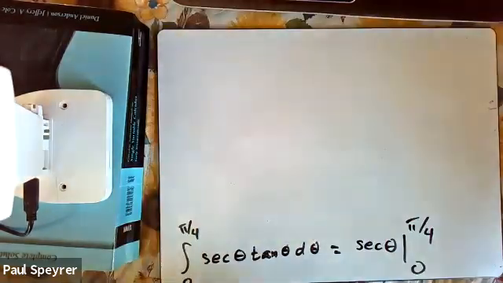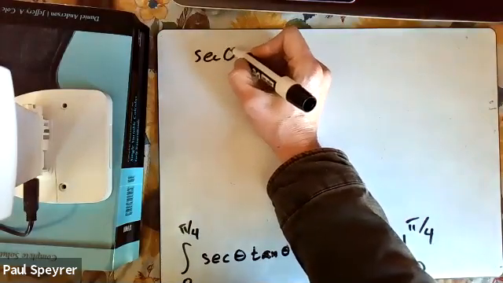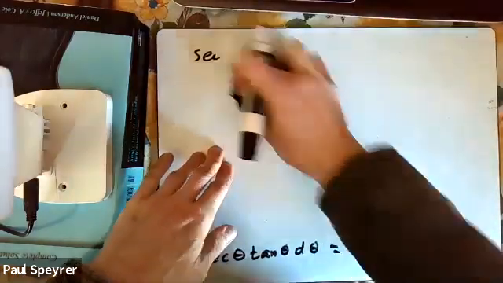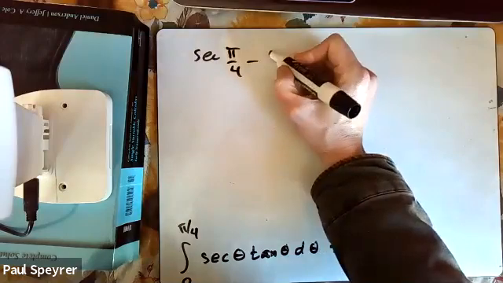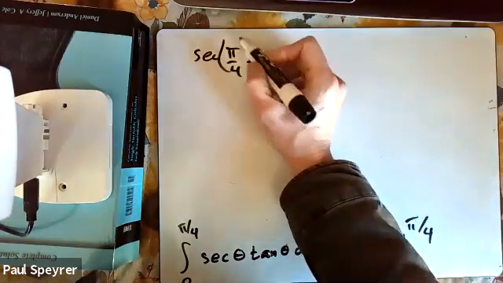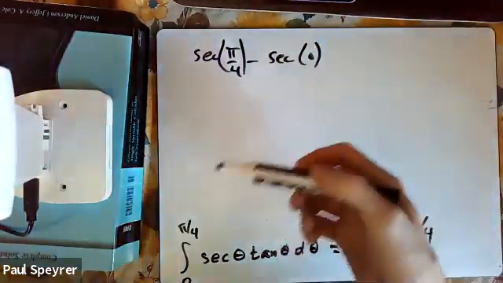So now let's go out there and evaluate. We're gonna have the upper limit. Not secant of theta, it's gonna be secant of pi over 4, upper limit, minus bottom limit, secant of 0. So what are secants of whatever, right?